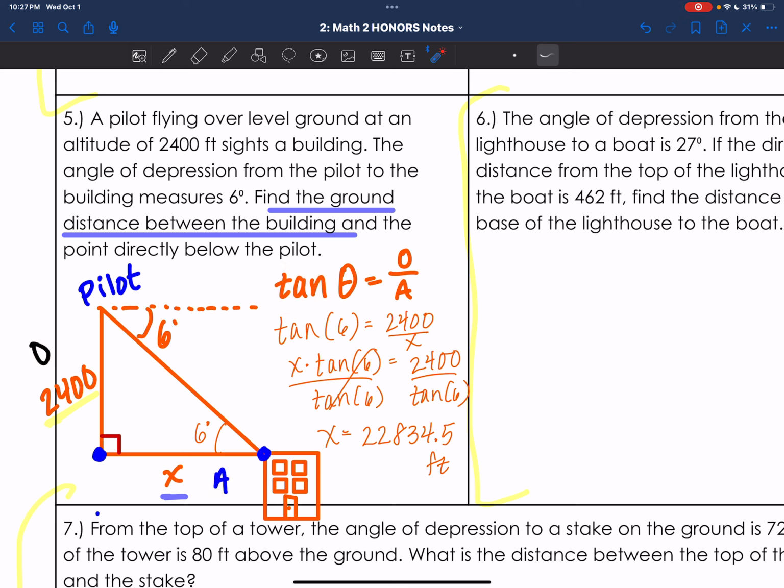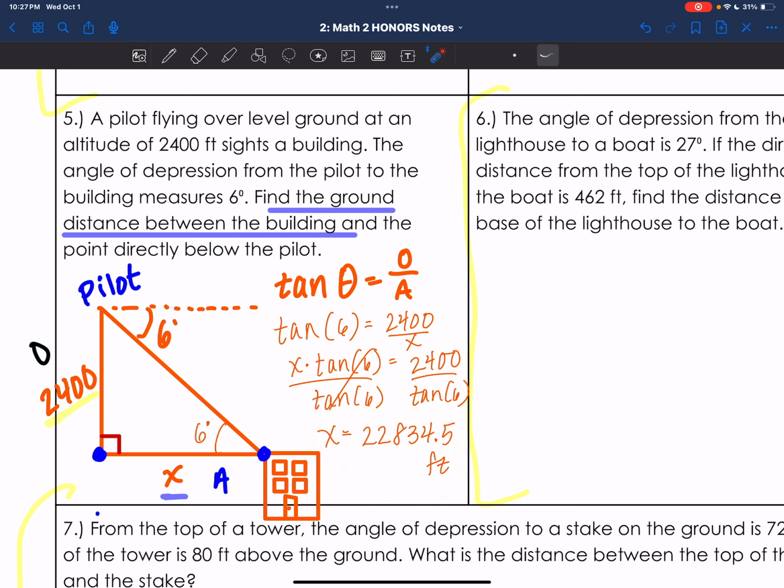So we plug that in there, and then we put that over 1 and cross multiply. You get x times tangent 6 equals 2400. Then divide both sides by tangent 6. That cancels out and you're left with x. Plug that into your calculator and you'll get 22,834.5 feet. And this is your final answer.